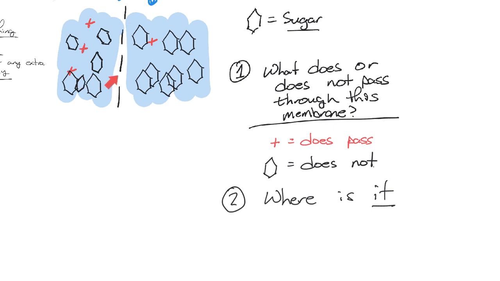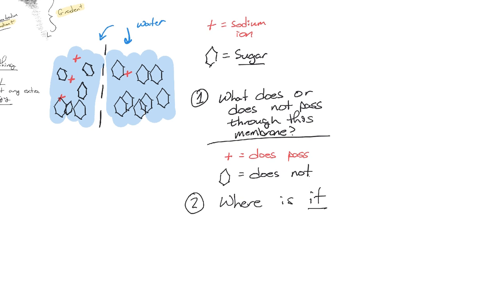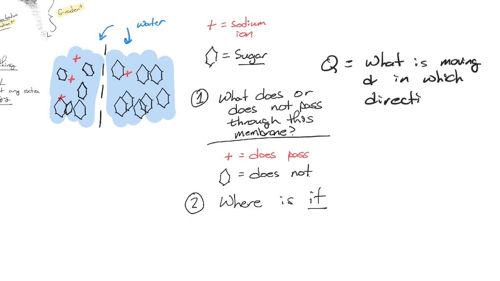The question you're trying to answer is in what direction are these substances going to move? I should have written that question down first, but sometimes I jump ahead of myself. I apologize. So the question you're trying to answer is, what is moving and in which direction? Is that clear?